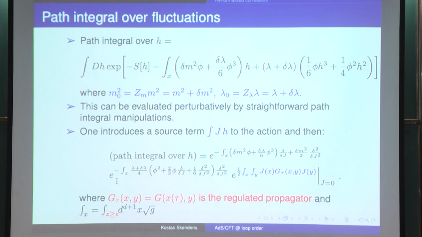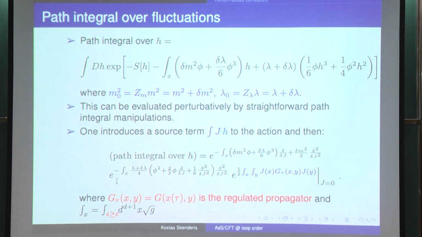Okay, now the next step is an exercise in path integrals. It's useful to introduce a source that couples with the quantum field. Then you can integrate, because this action is quadratic in H, so this is a Gaussian integral.